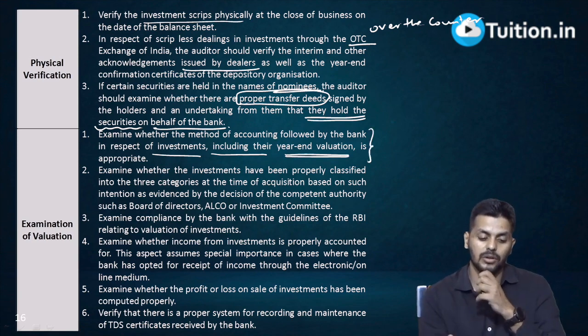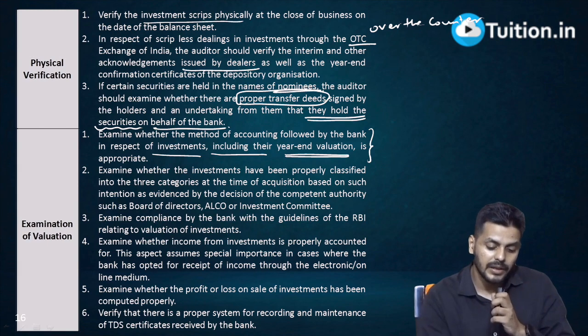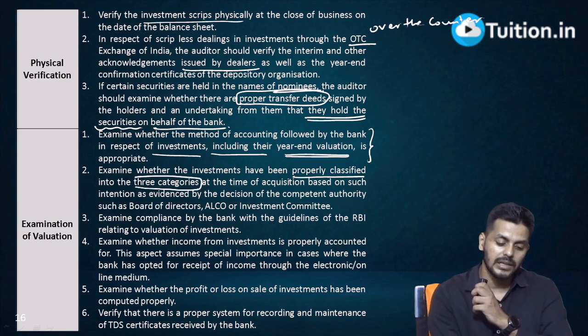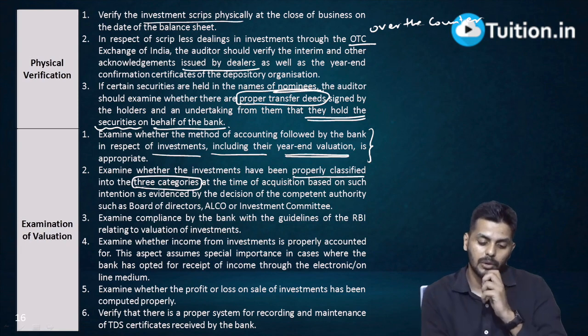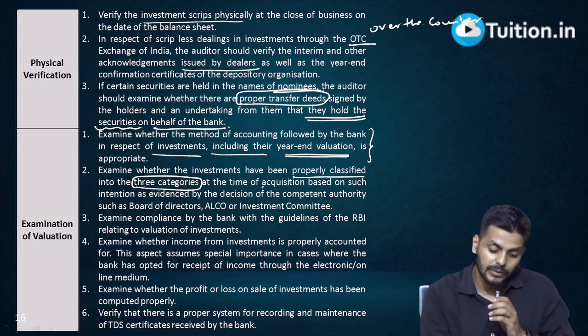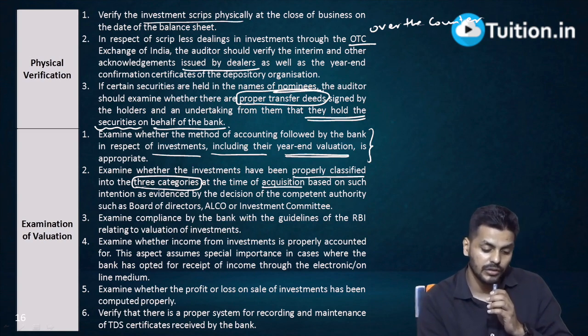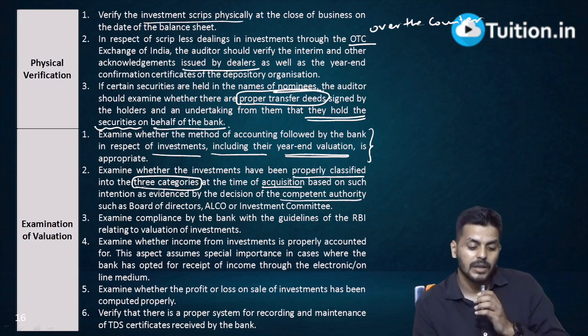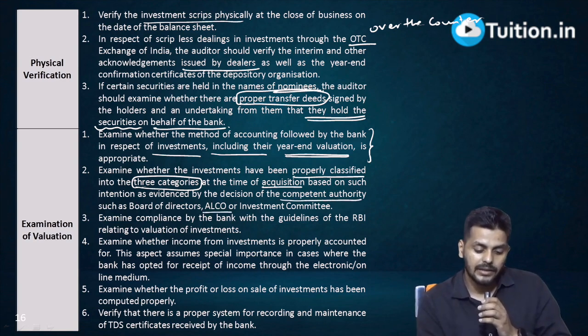And examine whether the investments have been properly classified into three categories at the time of acquisition, based on the intention as evidenced by the decision of the competent authority. ALCO stands for Asset Liability Committee or Investment Committee.